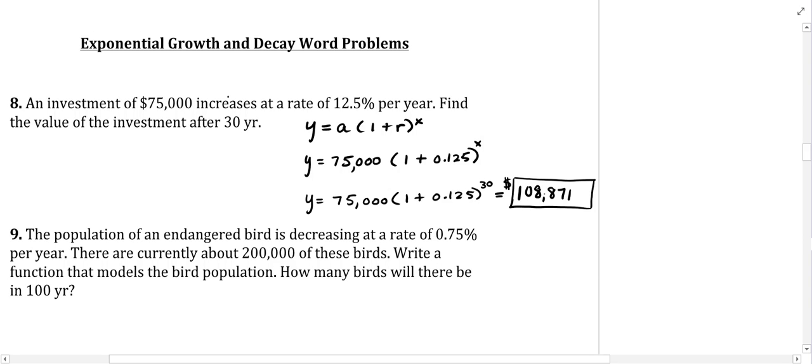I mean, for doing nothing and just leaving the money in the bank for 30 years, assuming that your rate of increase of 12.5% is constant, it looks like you'll have about $110,000. But what kind of an investment has a 12.5% per year growth?